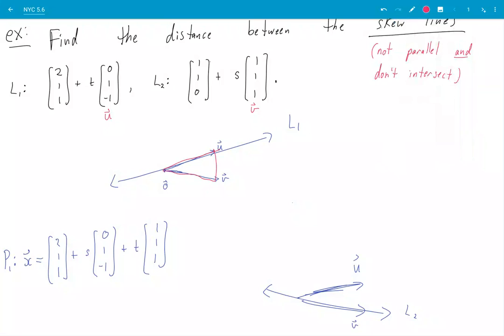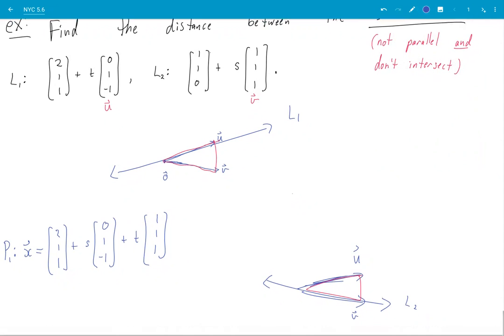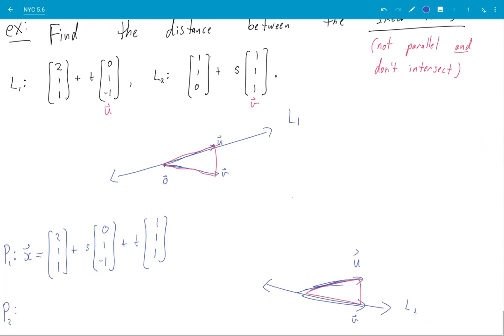So same triangle as above. Now imagine the plane that contains that triangle. Call it P2. And it contains this vector here. And the direction vectors are U and V again.